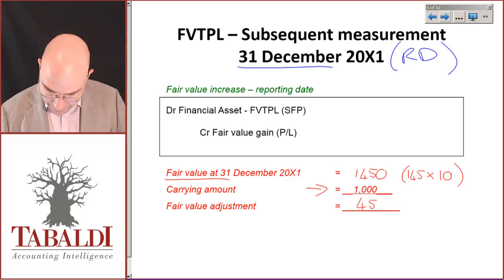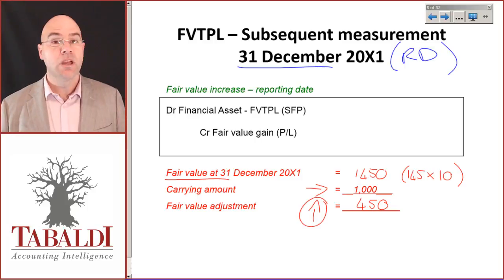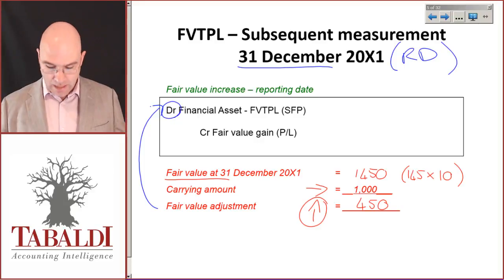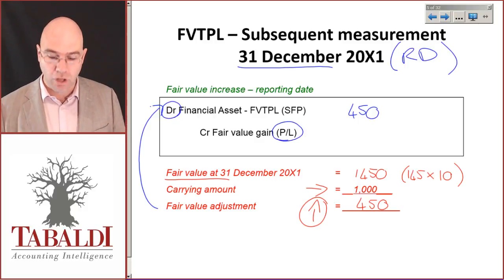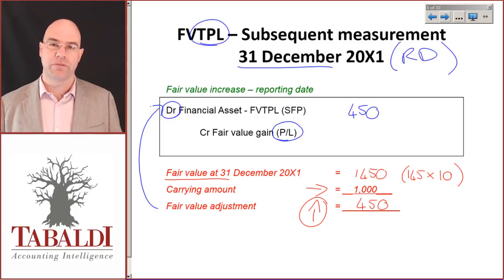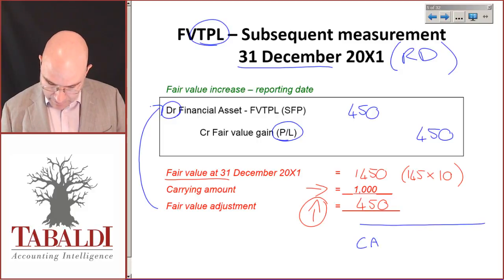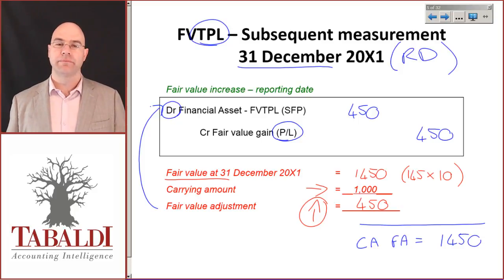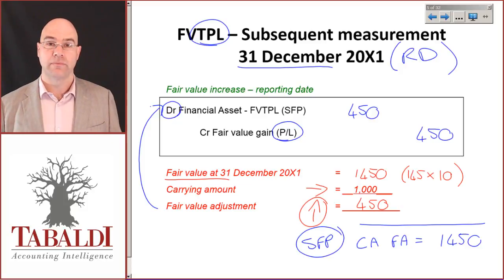We've done a fair value adjustment, an increase in the fair value of 450. So if I increase an asset, I will debit the financial asset with the 450, and I will credit a fair value gain in profit or loss, because we're dealing with fair value through profit or loss financial assets, 450. So at this stage, now the carrying amount of the financial asset is equal to 1,450. Great, that's the reporting date, and that will go into the statement of financial position, into the balance sheet.